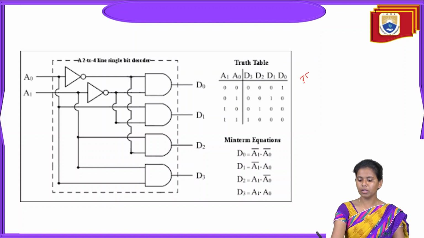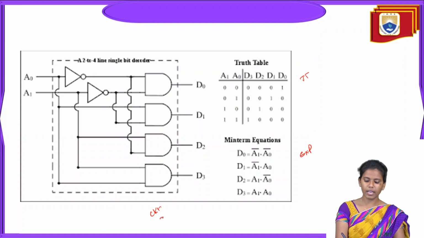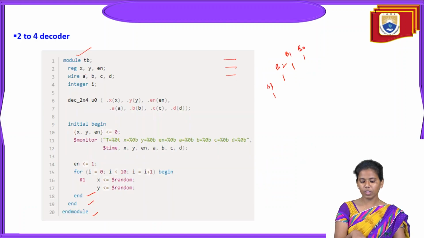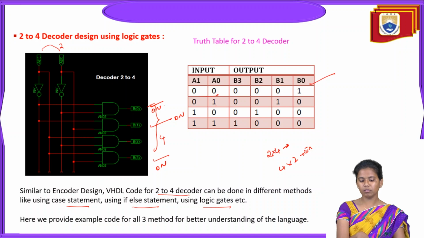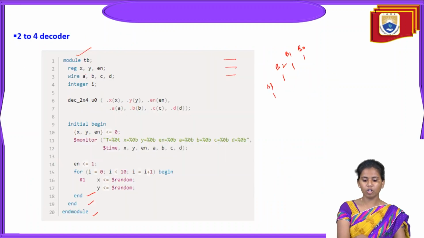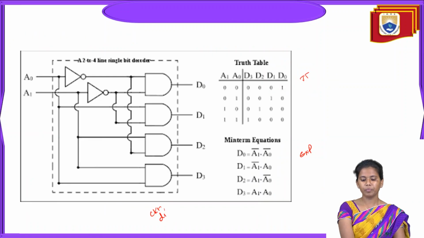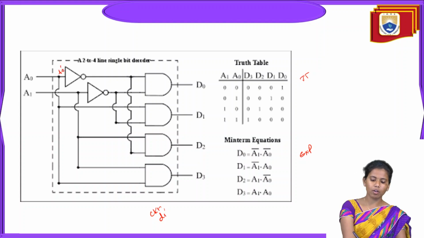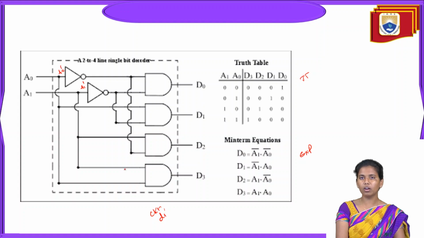So this is a truth table, and from the truth table we can get the expressions, and this is the circuit diagram. The circuit diagram can be drawn with the help of the inputs and outputs. For example, A0, A1, this is A0 bar, and here it is A1 bar. Finally, what is D0? D0 is a combination of A0 and A1, right?